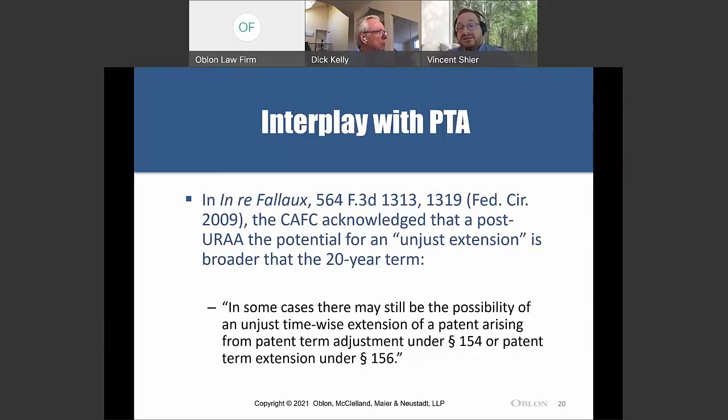In fact, they even expressly acknowledged that perhaps 154 and 156, the extension statutes, could also result in some kind of unjust extension of patent exclusivity, and that the old case law on ODP, even pre-URAA, still applies and still should be preserved.